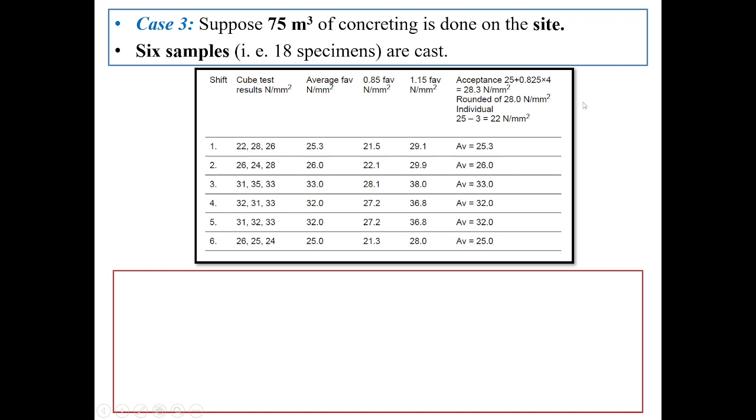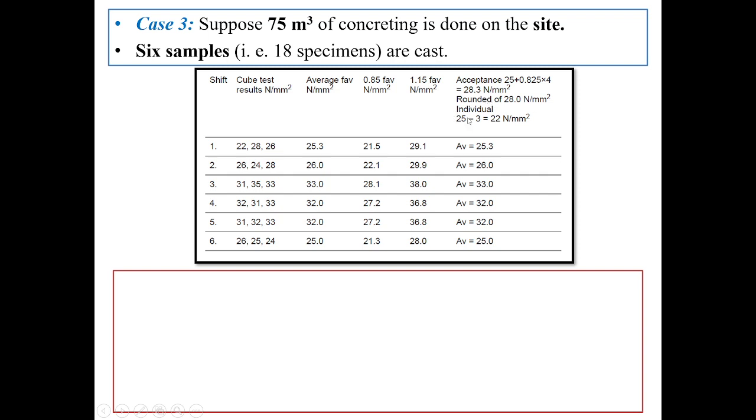And next, it is either this, or we had seen that it is FCK plus 3, whichever is greater. Even if you take FCK plus 3, that is 25 plus 3, that is 28. So 28.3 and 28 are very close, so we can take them as only 1. So it is rounded off to 28.